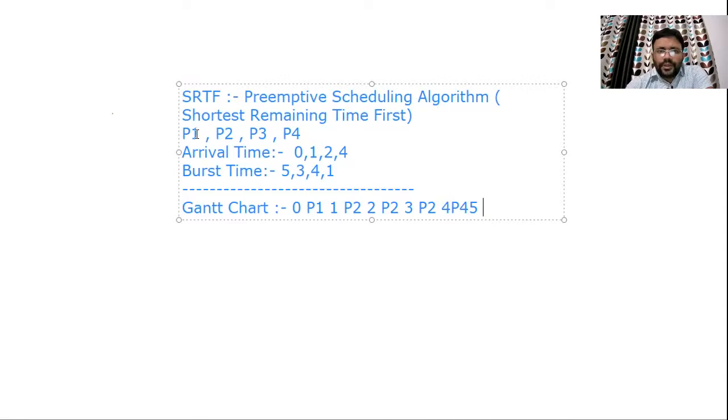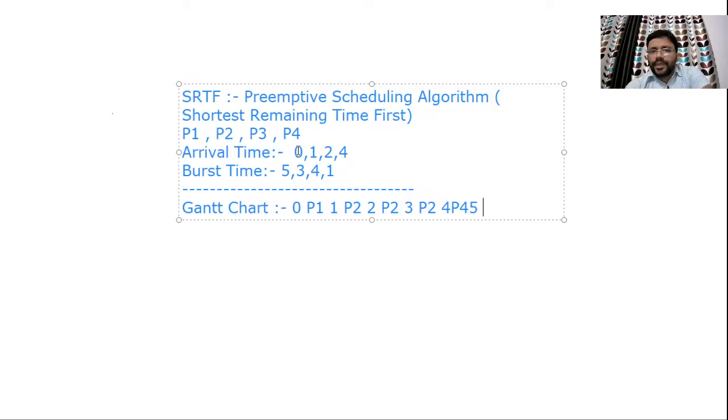Now we are left with only P1 and P3, because P2 and P4 are done. Here the remaining burst times are equal, since P1 has decreased from 5 to 4 and P3 already has 4. But the arrival time of P1 was earlier, so we take P1. If the arrival times were also the same, then we would look at the smaller ID, and in that case P1 would get priority.